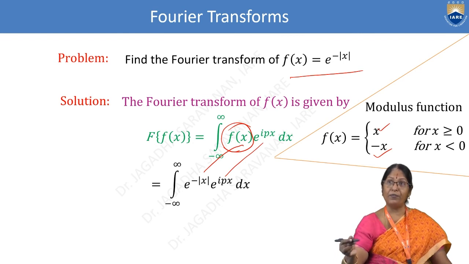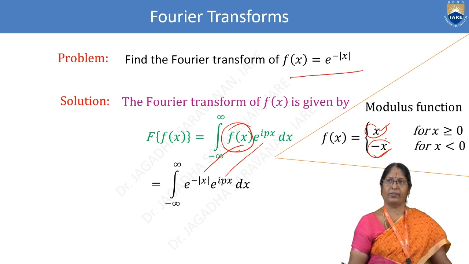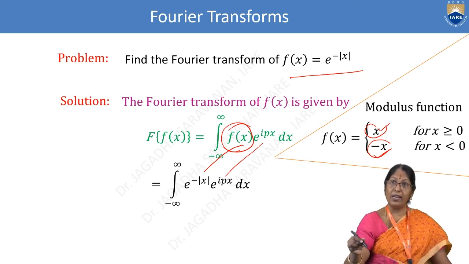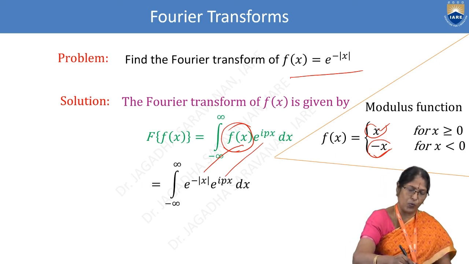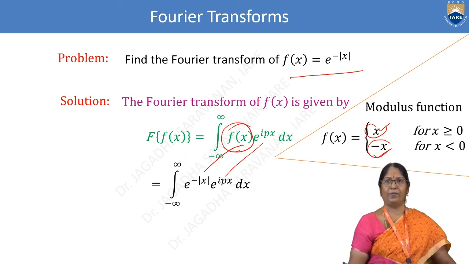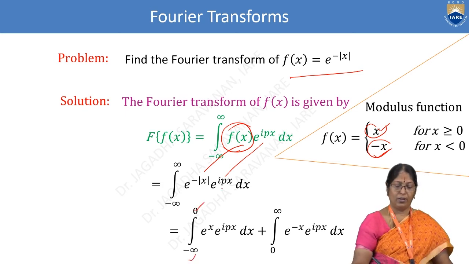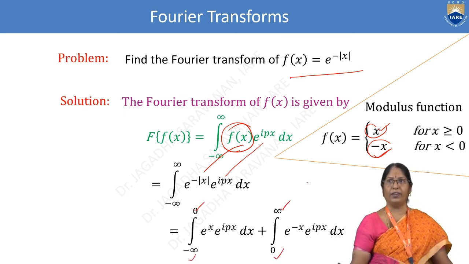Mod x, the definition, what is the rule, we must know it. If x is greater than or equal to 0, the function is plus x. If it is less than 0, the function is minus x. So 0 should be inserted in between minus infinity and infinity: minus infinity to 0, 0 to infinity.